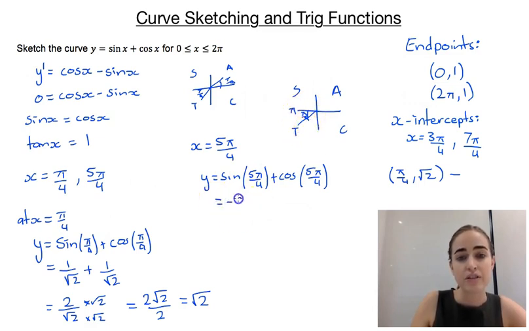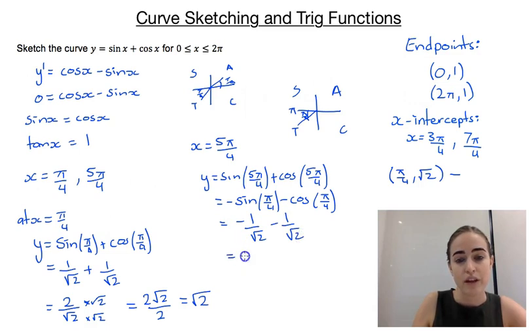So this is equivalent to minus sine of pi on 4, minus cos of pi on 4. And we've just figured out that sine and cos of pi on 4 are 1 on root 2. So we'll have minus 1 on root 2 minus 1 on root 2. So we're going to have minus 2 over root 2, which when we rationalize the denominator will just be minus root 2. So that means our second stationary point is going to be 5 pi on 4, minus root 2.